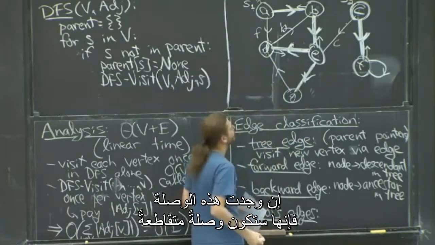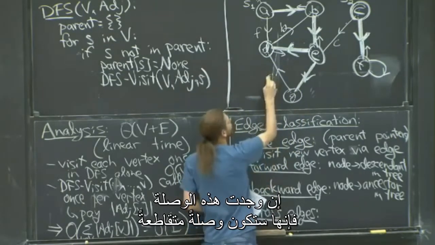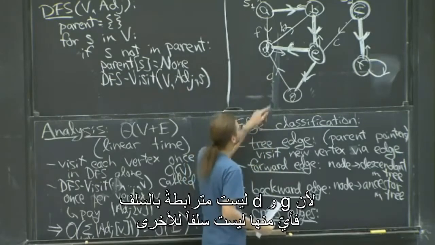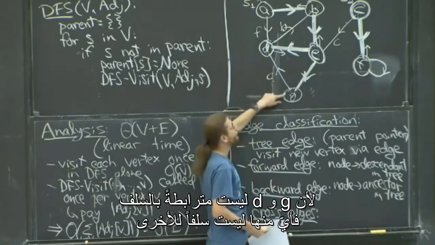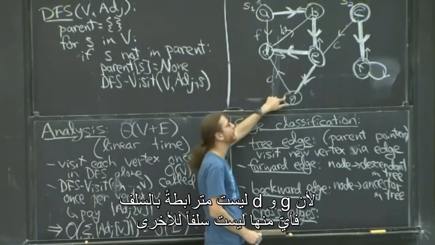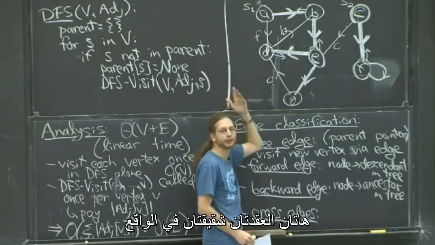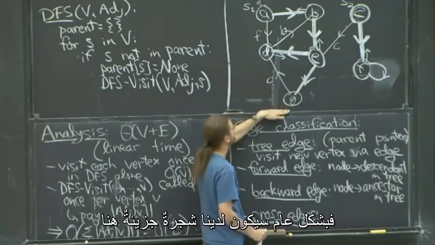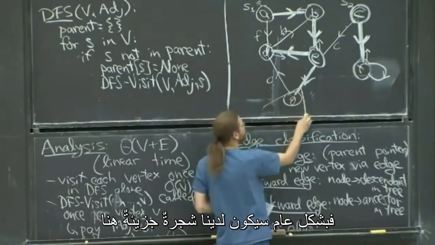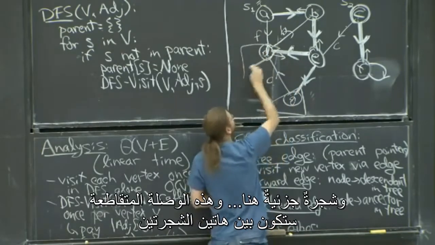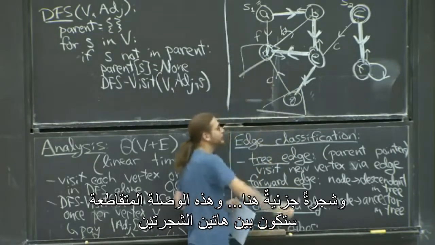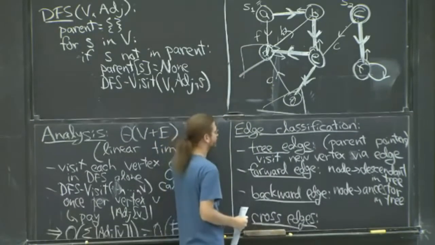If this edge existed, it would be a cross edge. Because G and D are not ancestor related. Neither one is an ancestor of the other. They are siblings, actually. Okay, so in general, there's going to be some subtree over here, some subtree over here, and this is a cross edge between two different subtrees.